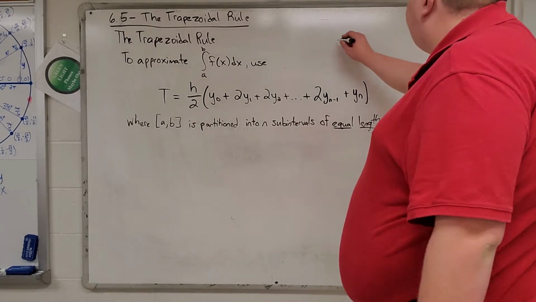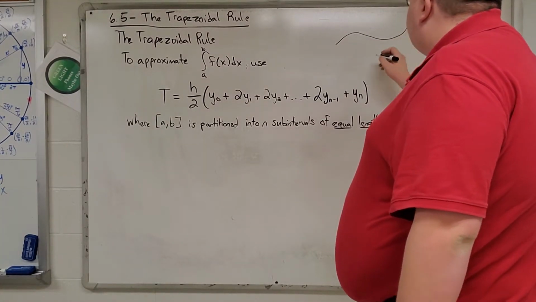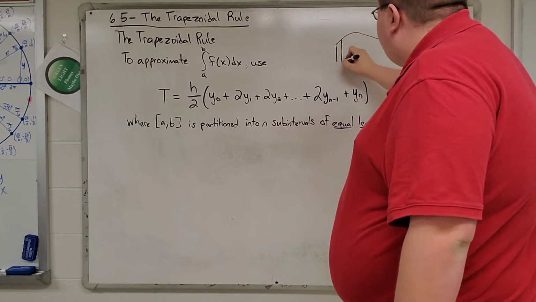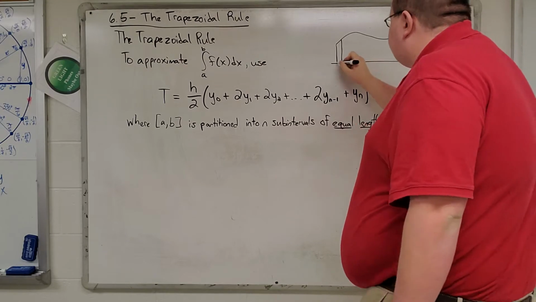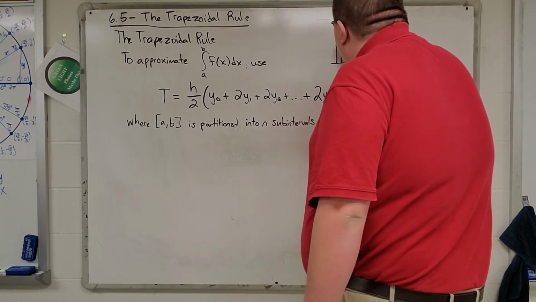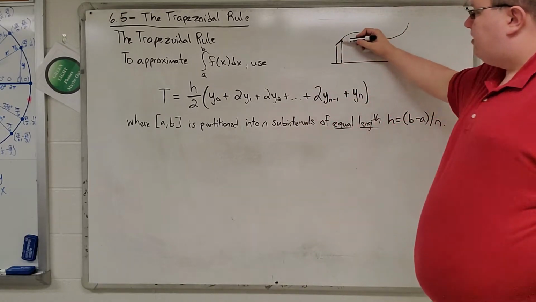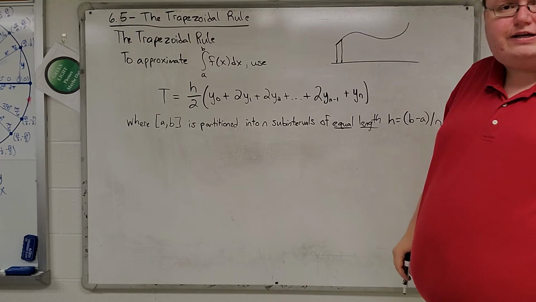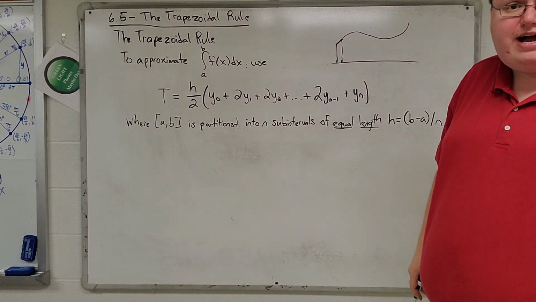Because if you have a curve, let's say like this, and we're wanting to fit trapezoids underneath here, here's my x-axis. We're going to put a trapezoid underneath here. You can already see that when I put a trapezoid, it's going to follow that curve a whole lot better. It's going to be a better estimate of the area under that curve.